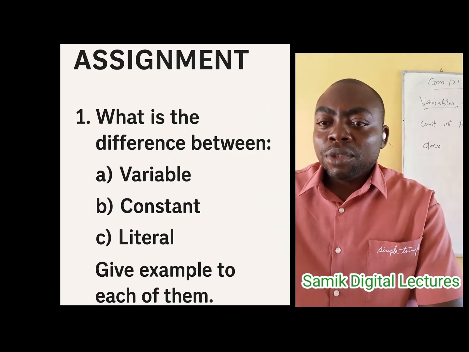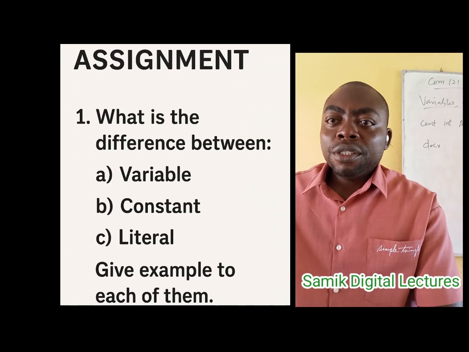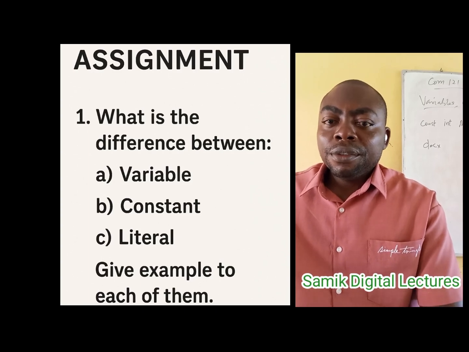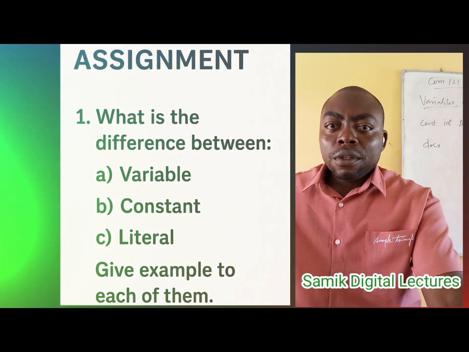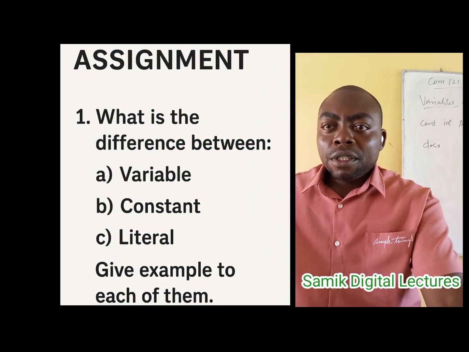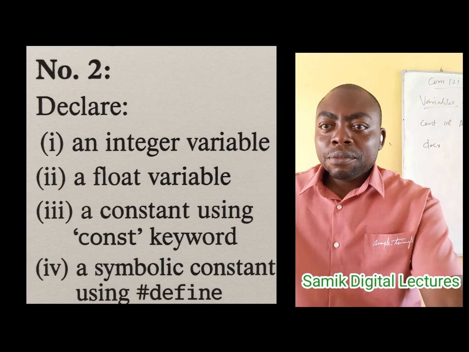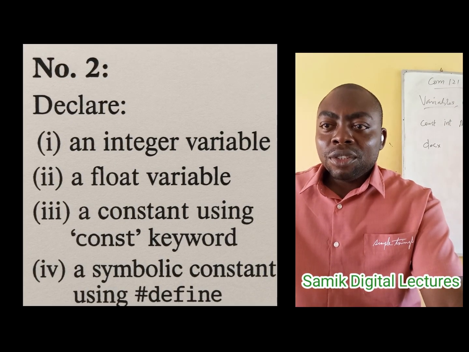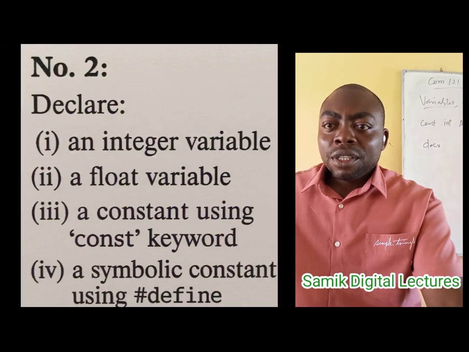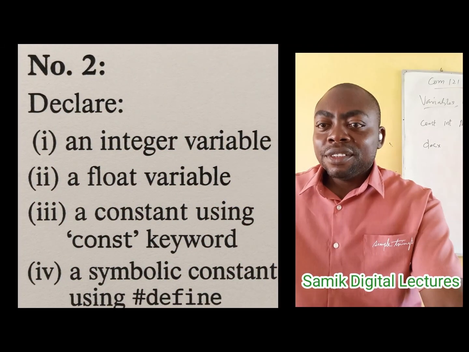Give one example each. Number 2, declare an integer variable, a float variable, a constant using const, and a symbolic constant using hash define.